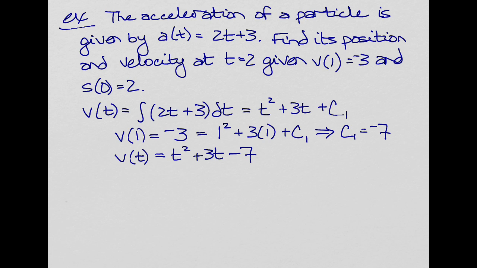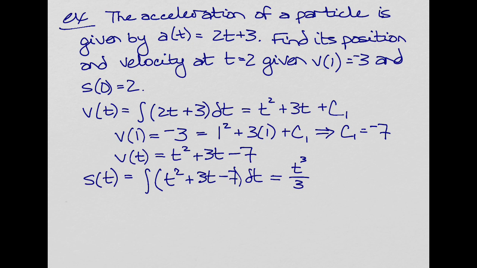I also want the position. My position function is the antiderivative of the velocity. So here we go again. I'm going to integrate again. The integral of t squared is 1/3 t cubed.